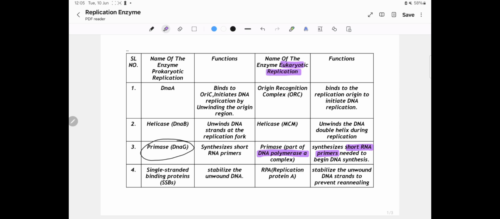So D1 is correct, okay. And there is also DNA B, which has the helicase activity, it unwinds DNA, and MCM is also having helicase activity and it also unwinds DNA. So DNA B acts similarly with MCM, okay, we get it.